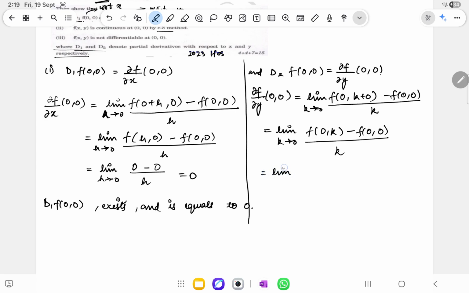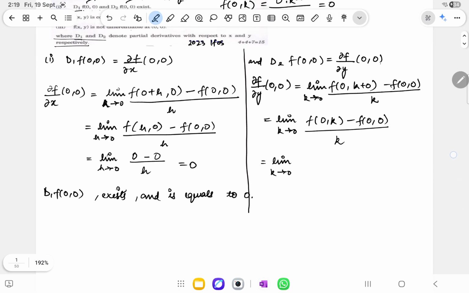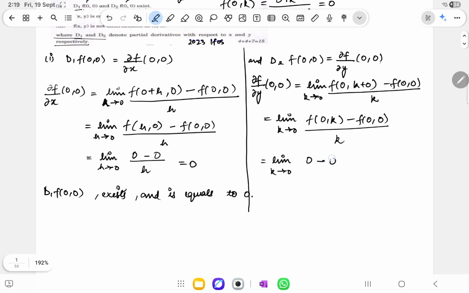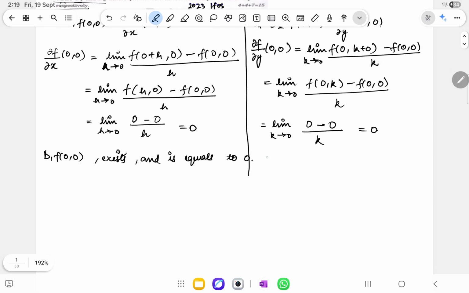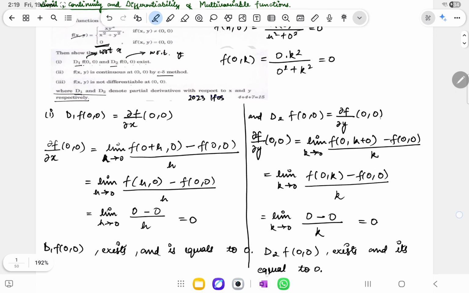Now f(0,k) will be 0 into k square divided by 0 square plus k square, which is 0 only. So this limit will be 0 minus 0 divided by k, and this turns out to be 0. So from here we can say that d2 f(0,0) exists and it is equal to 0. This completes our first part of the question.